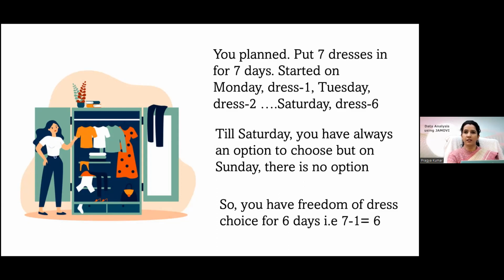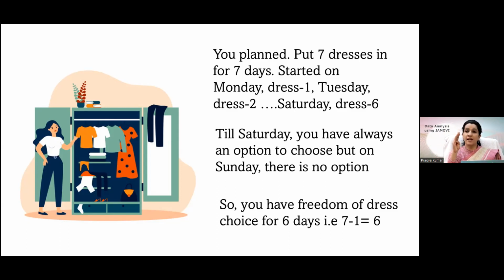What is your answer? If she has to go out, she has to wear that and go out. So she has got no choice. Since she has fixed 7 dresses, only 1 dress is left. So she has to wear that only on day 7.